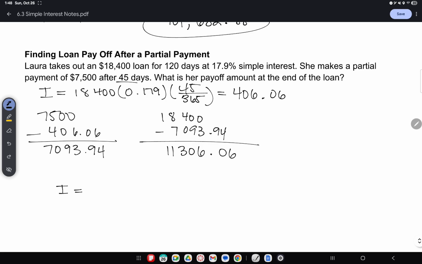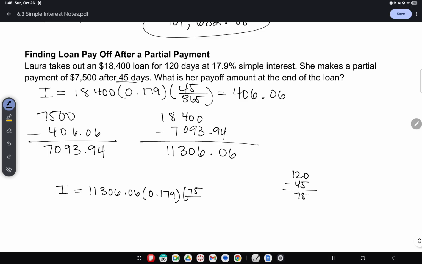So the interest left, we're going to take that principal amount, the new one, now that we've made a payment, so 11,306.06 times the interest rate times the remaining time. So it was 120 days. It's been 45. So let's see, 120 minus 45 leaves 75 days.